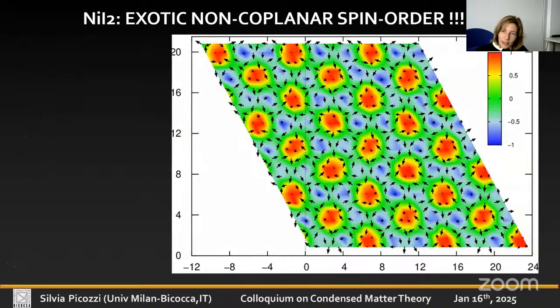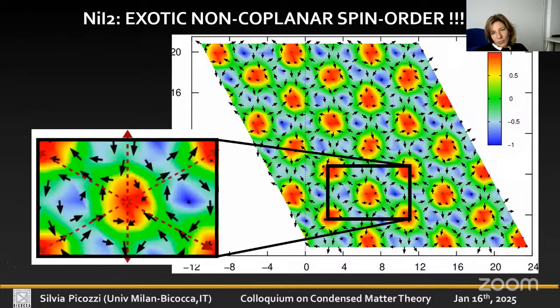What we didn't expect was what we obtained for nickel I2. So for nickel I2, we obtained something like this. We recognize a periodic lattice, but at that time we were not very experienced about skyrmions and anti-skyrmions, but we thought it could be something like this.